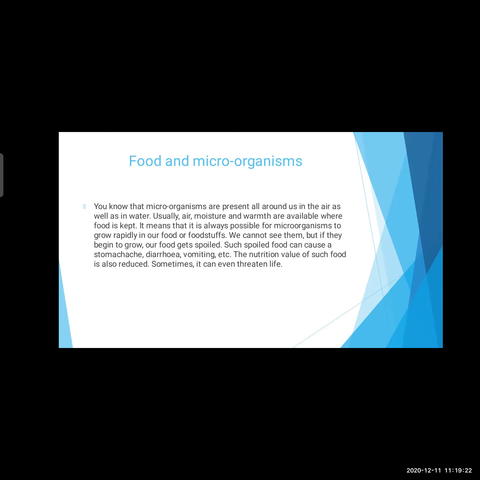It means that it is always possible for microorganisms to grow rapidly in our food or foodstuff. We cannot see them, but if they begin to grow, our food gets spoiled.